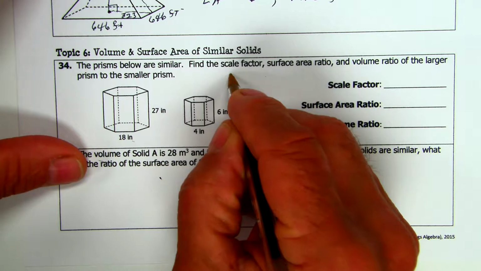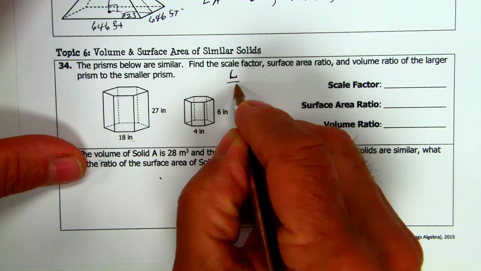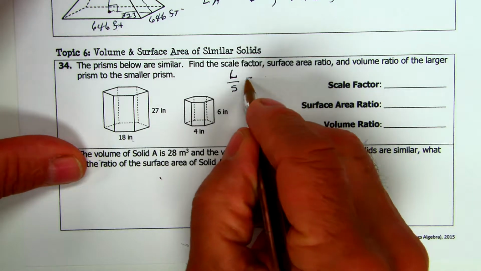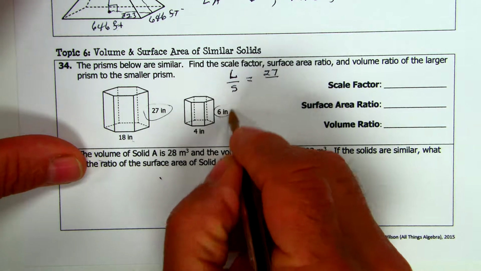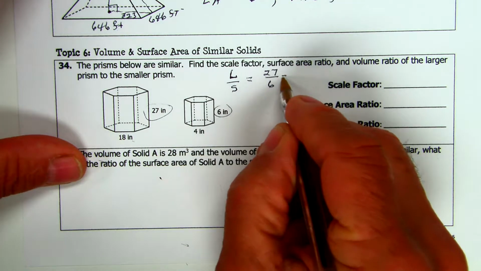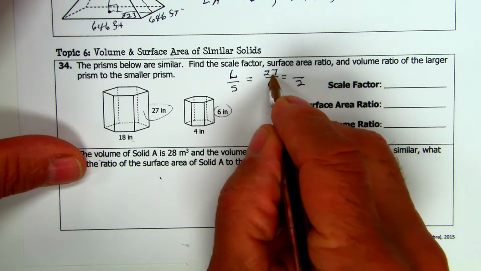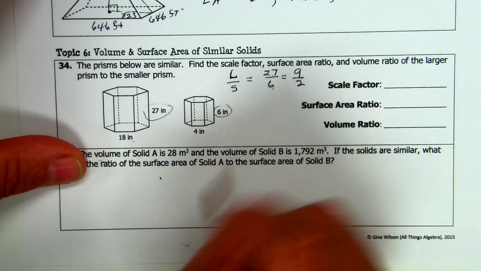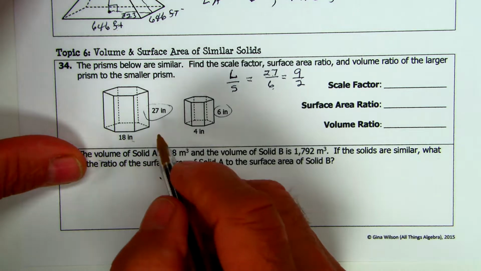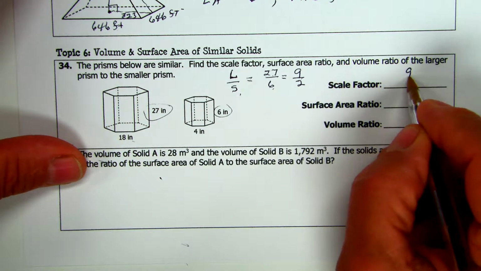So larger to smaller, we take 27 is to 6. We can reduce this, because 3 will go into 6 2 times, 3 will go into 27 9 times. So our scale factor of the larger prism to the smaller prism is 9/2.